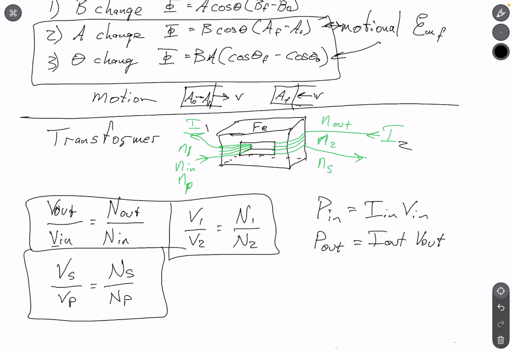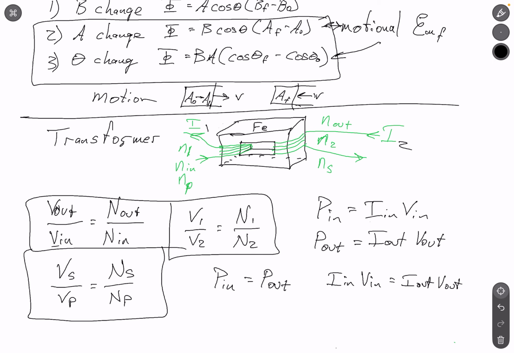Okay. If power in is equal to the power out, which it is, then that means that I in V in is equal to I out V out.